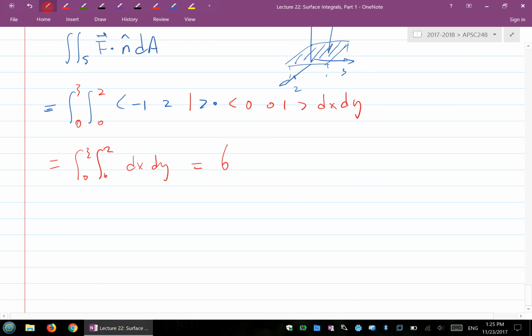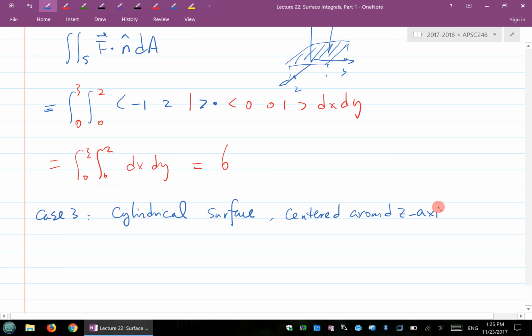So let's look at the third special case. Cylindrical surface centered around the z-axis.